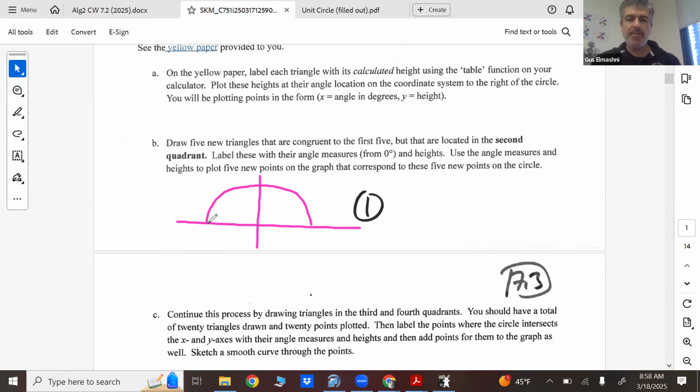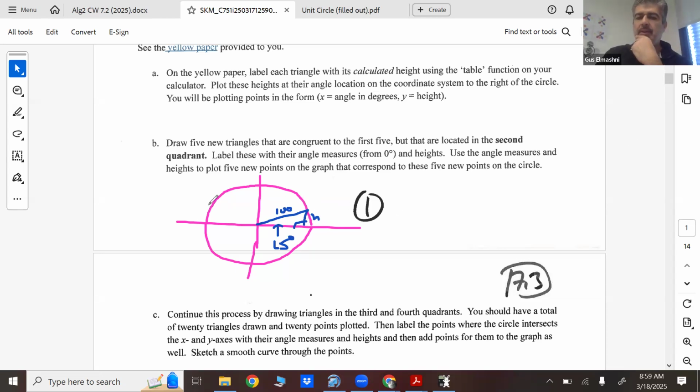Here's the ride, right? Yeah, that's 15 degrees. I'm not gonna draw 5 because it's gonna get a little too messy. And that was 100, right? And that was my height. What if I wanted the same position in the second quadrant? How would that look?